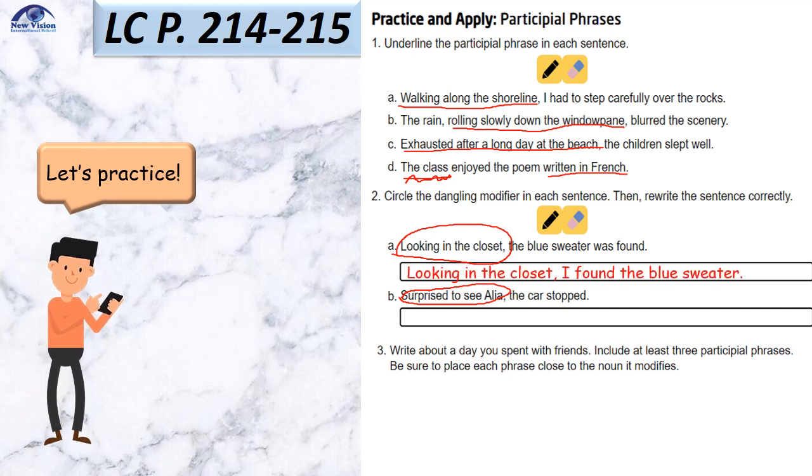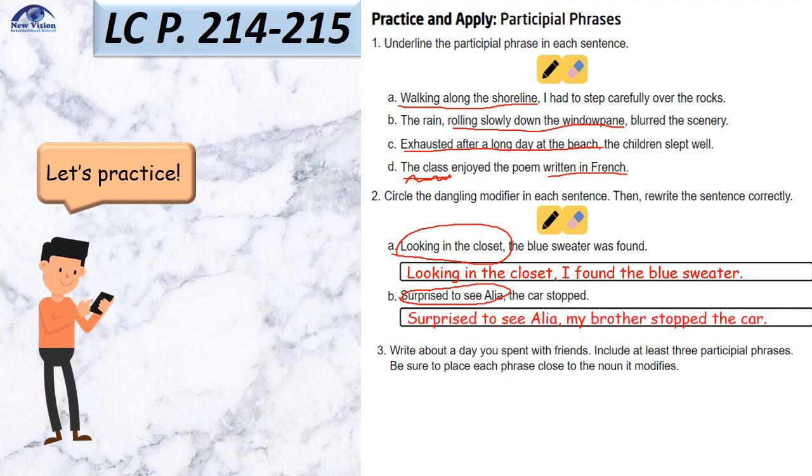We can use I as a subject. Looking in the closet, I found the blue sweater. Surprised to see Aliyah, the car stopped. Of course, the car will not see Aliyah and has no ability to see Aliyah. So let's put there, surprised to see Aliyah, my brother stopped the car.